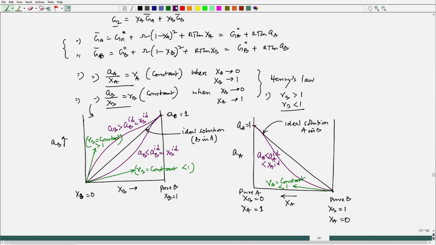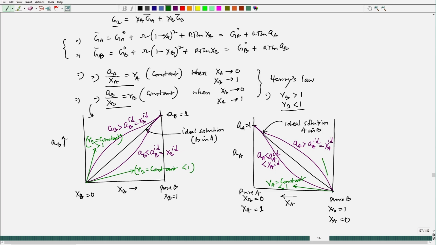And for the other case, where a is greater than a ideal, which is nothing but x a ideal, since gamma is equal to 1, Henry's law fulfillment would happen here.